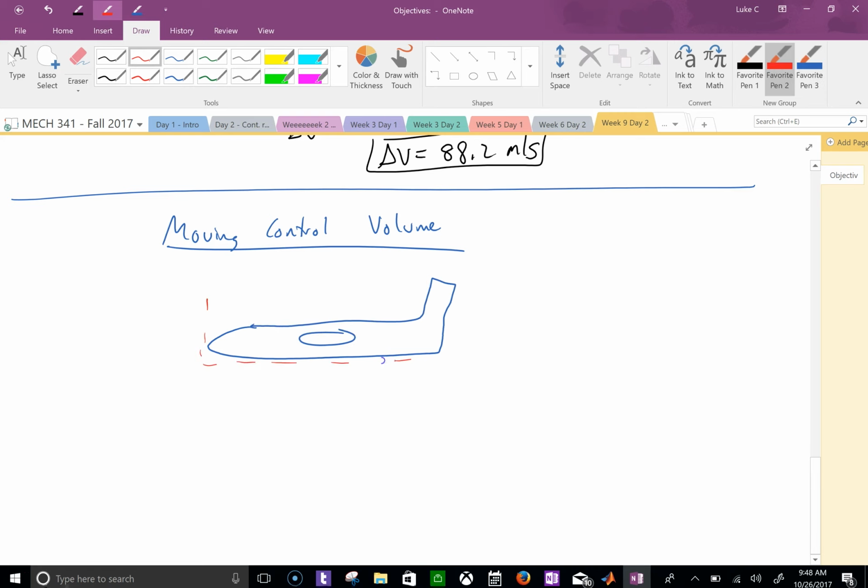So the plane is our control volume. I can just put V of the gas. That's fine for now.